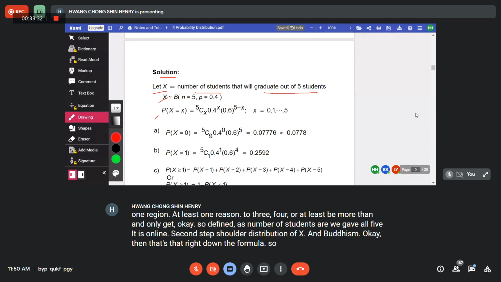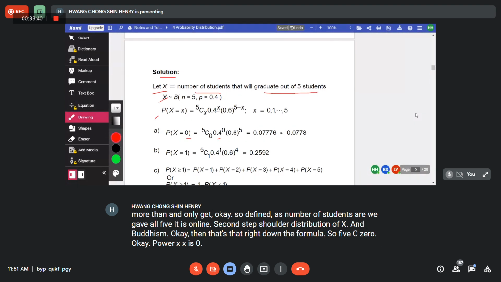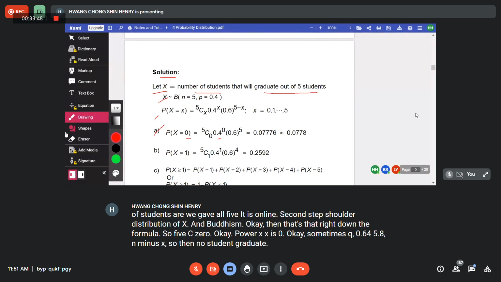So 5C0, p to the power x, 0.4 power x, times q, 0.6 power 5 minus x, that is n minus x. So when no student graduates, x is 0: 5C0, p power 0, q power of n minus x, 5 minus 0 is 5. On the calculator, you get this?